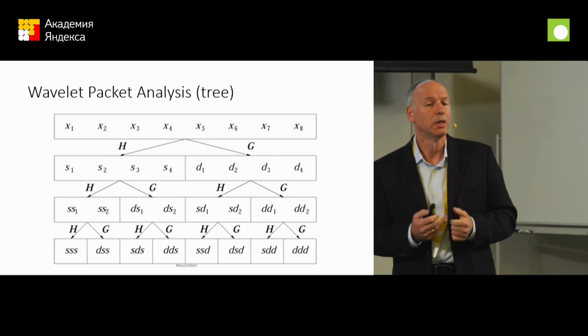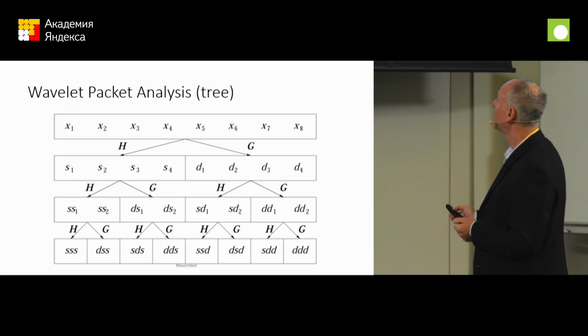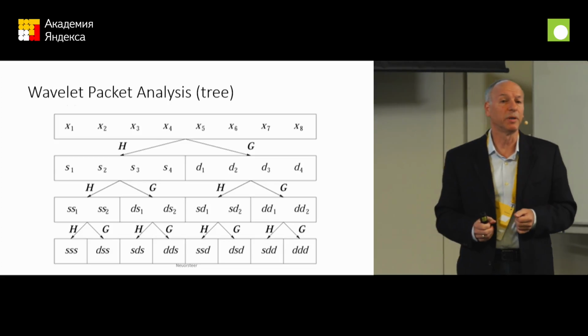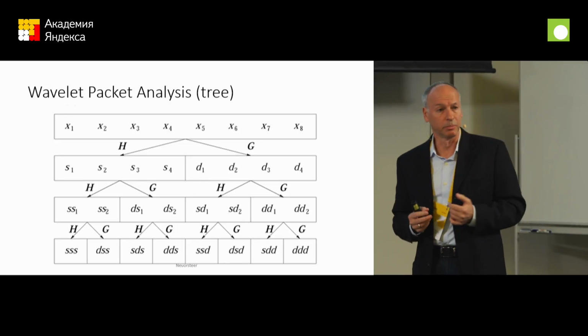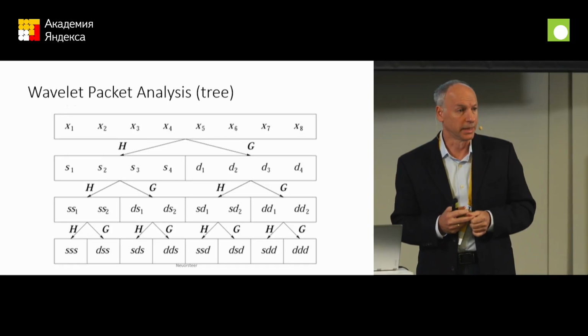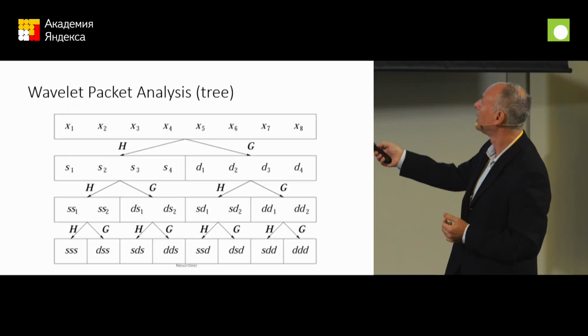Okay, so it's quite simple to see what is going on. So basically, every covering of this wavelet packet is one possible orthogonal basis of our data.